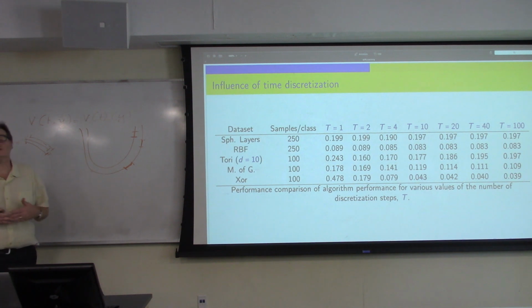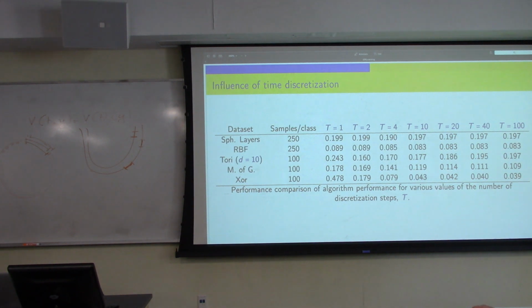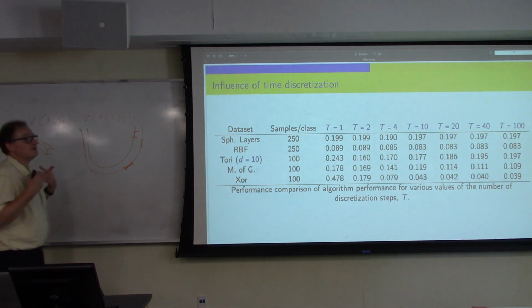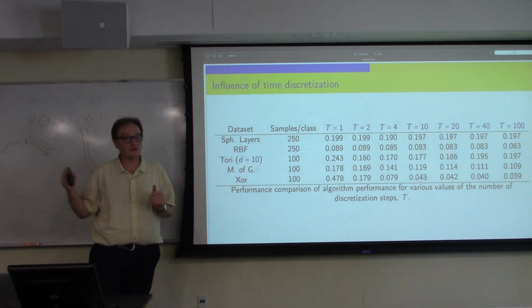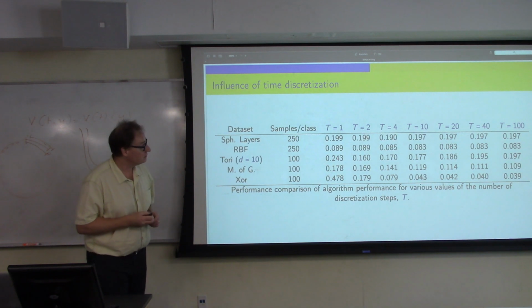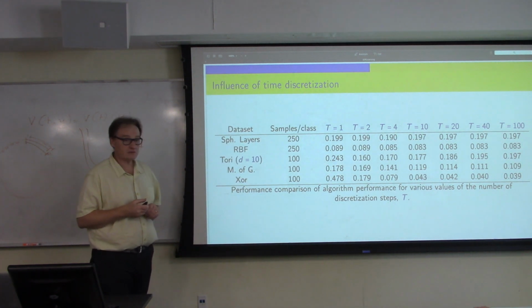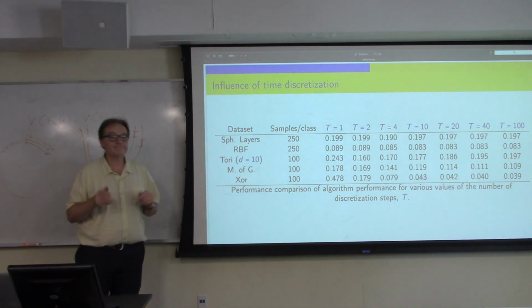The number of time discretization steps you may want to think of as the number of layers in a network, but in that setting it's very different. The motivation is having an infinite number of layers. That's what we start from. Yes, but here the time discrete problem was just an Euler scheme.